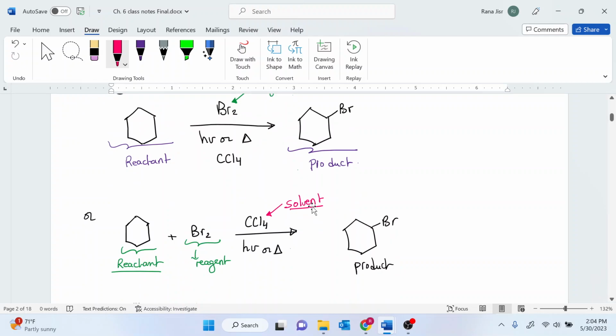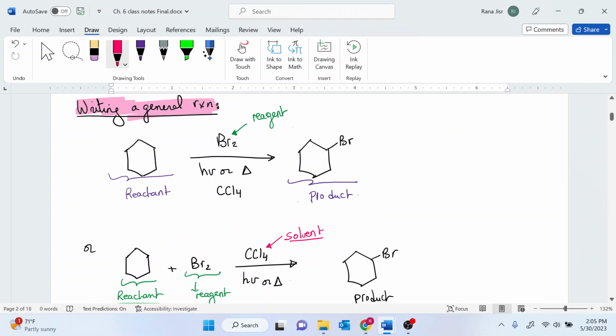If your solvent has a hydrogen, then it will have a role at the end, which we call protonation, meaning that it will donate a hydrogen to get the neutral product. But if it doesn't have a hydrogen, then it's just going to act as a solvent to make the reagent and the reactants miscible with each other. Solvent can be in two positions, either above the arrow like that or underneath the arrow. So here I do have my solvent.